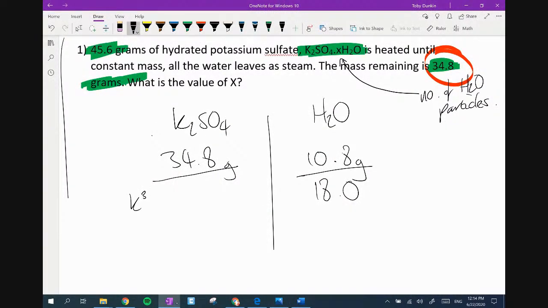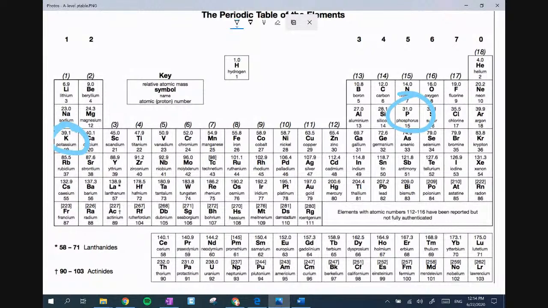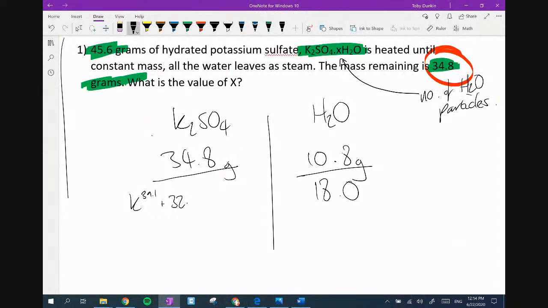So potassium, 39.1, plus sulfur, 32.1, plus oxygen at 16.0 times 4, and the potassium is times 2.